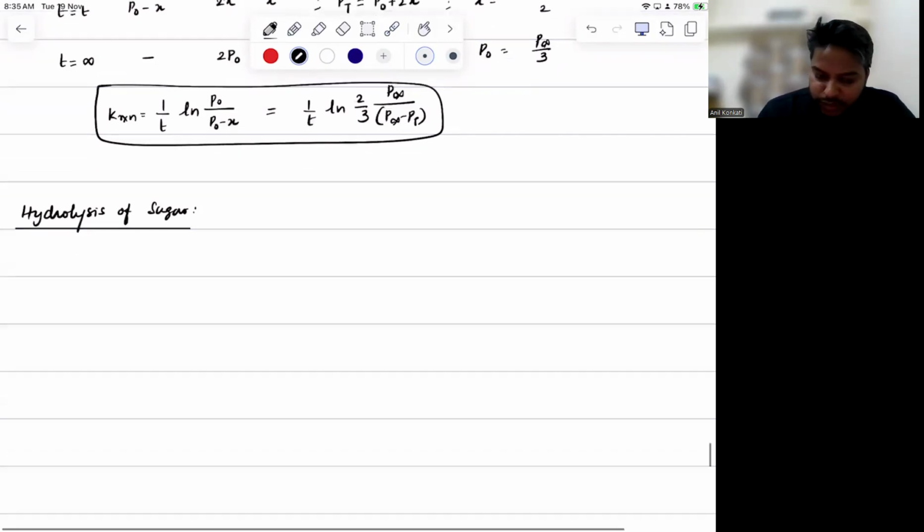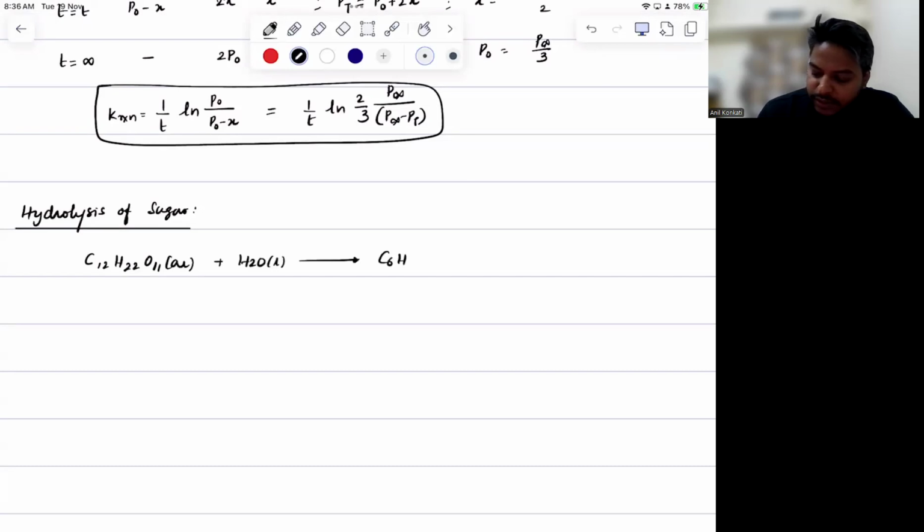So the overall reaction is this: C12H22O11 aqueous solution plus H2O liquid will convert into C6H12O6, which is glucose, and C6H12O6, which is fructose. One important part here is that if n moles of glucose form, n moles of fructose also form. They form equal numbers of moles.